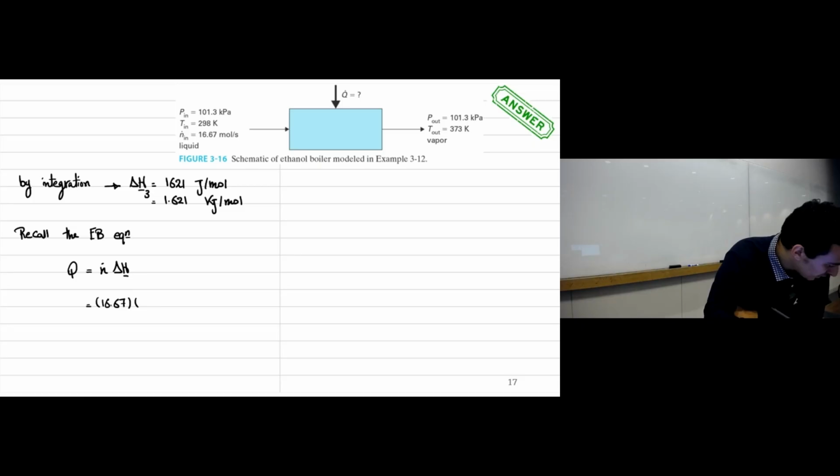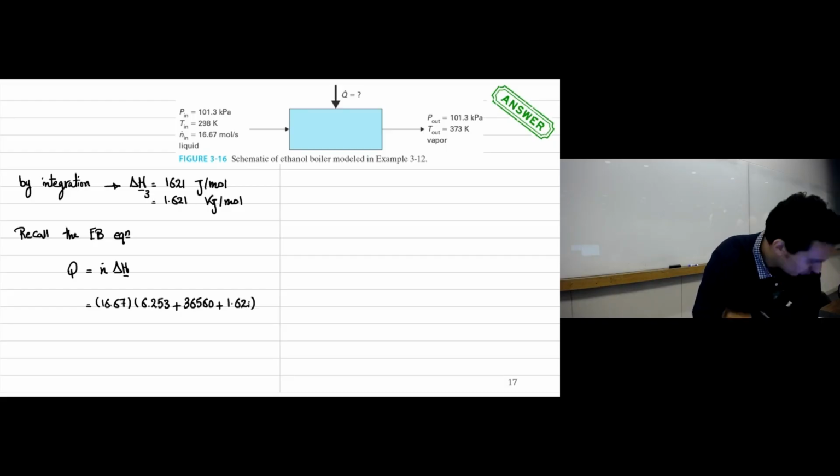So this will be delta H1 is 6.253 plus delta H2 is 36.560 plus 1.621.